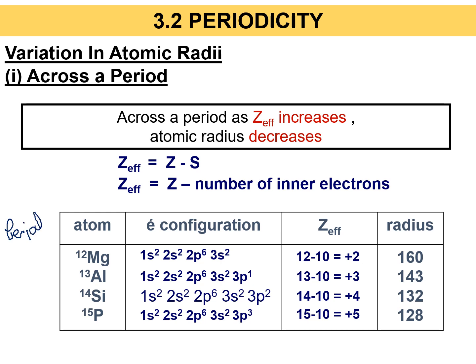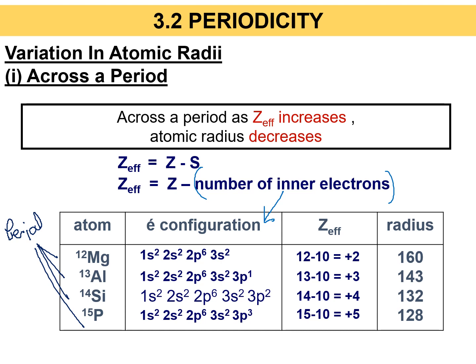So, period yang ketiga, we will have Mg, Al, Si, and P across the period. Alright. So, this is the number atas ni adalah proton number. And then, untuk tahu the number of inner electrons, you kena buat electronic configuration. Okay. So, you have to do the electronic configuration so that you can figure out the number of inner electrons.